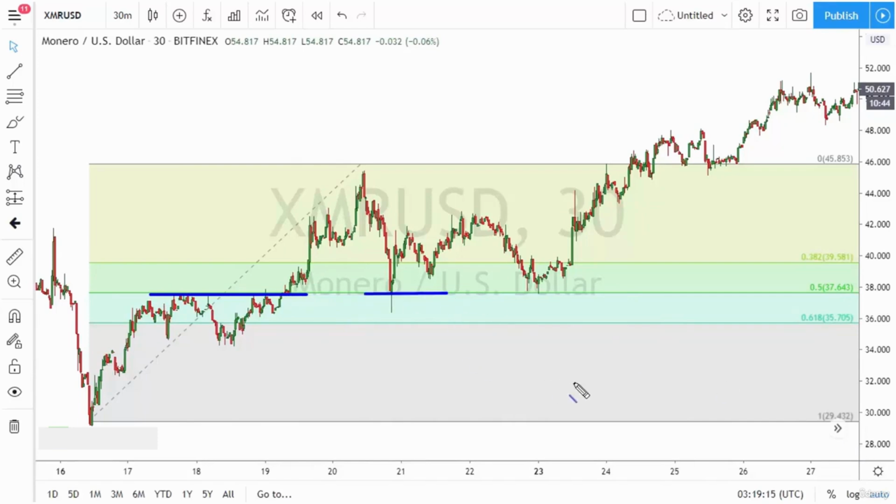So you can make an argument, did Fib work, or was it the previous resistance now acting as support? The reality is this is a good setup because it's a hammer, which is a very bullish candlestick, and you'll learn about those later, right at the 50% Fibonacci retracement level and the previous resistance level. So you can make an argument either way.